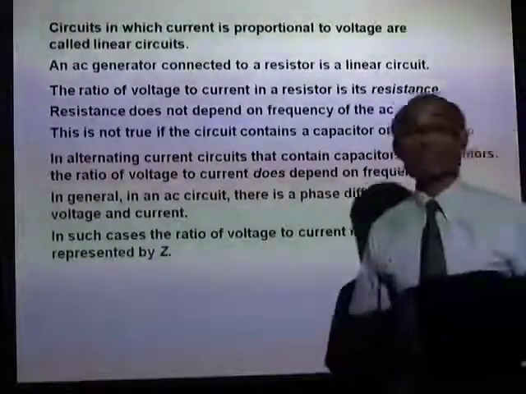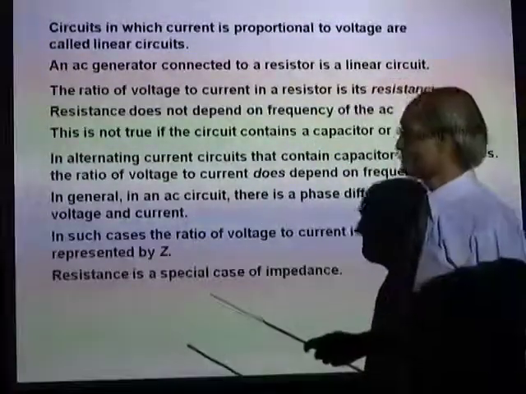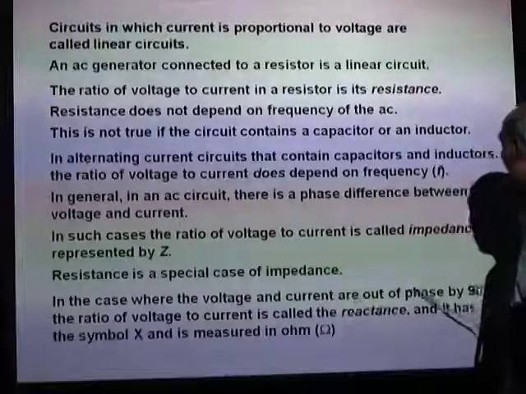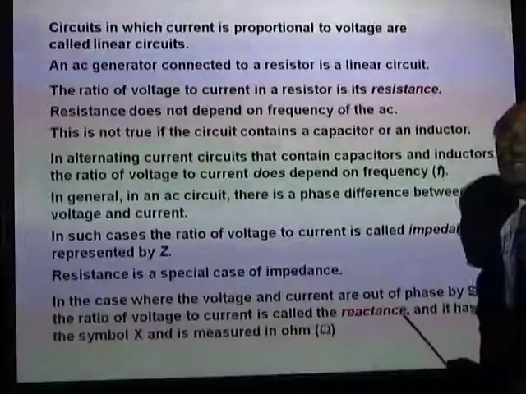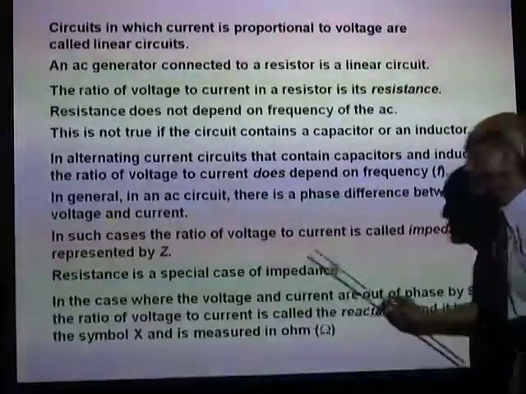In fact, resistance is a special case of impedance. In the case where the voltage and current are out of phase by 90 degrees, this is a particular case again. Now, there are two particular cases we are discussing.